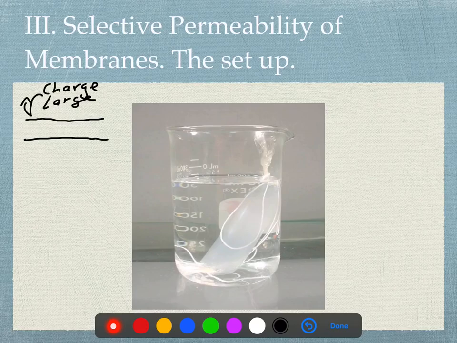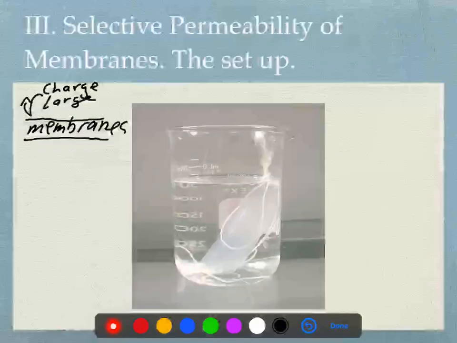You're going to bounce out. You cannot get through. But if you're small and you don't have a charge, you're going to get through just fine. Even slightly larger things, as long as they don't have a charge, something like cholesterol, that can get through too.